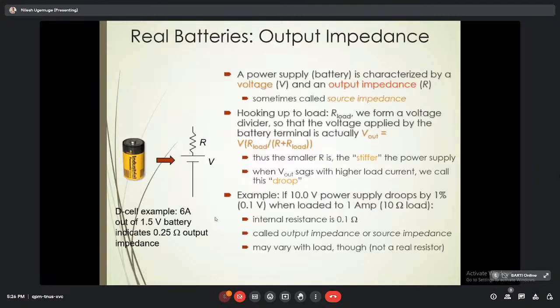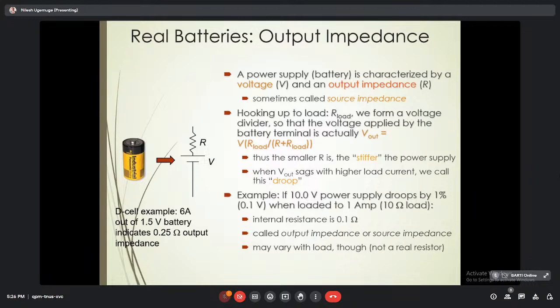Now here you can see, as I have discussed, if we are shifting from electrical to electronics, we require batteries or power supplies. Power supply is also considered as a battery. But again, we can use some cells or a ready-made battery. Like here you can see the example of a 6 ampere, 1.5 volt battery indicates 0.25 ohm output impedance.